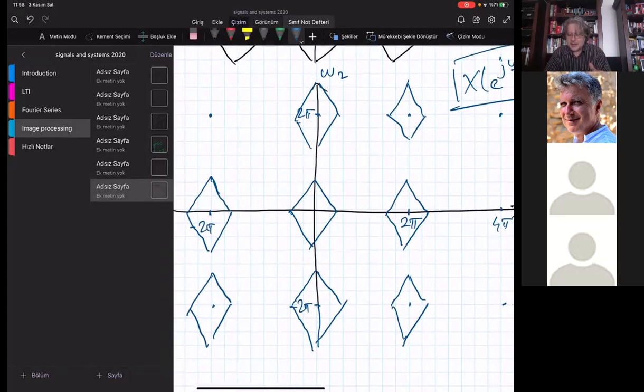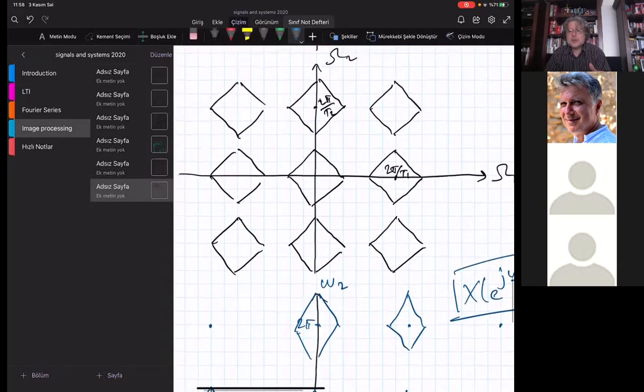But if the sampling that we use will not be rectangular, it may be just any sampling matrix, as long as it's non-singular. Any matrix will do. With that sampling matrix, after the bed of nails, they will look like diamonds located here and there, periodically tiling in the form of a lattice.